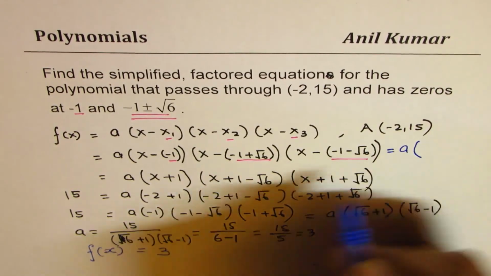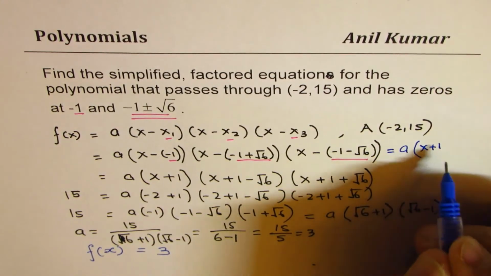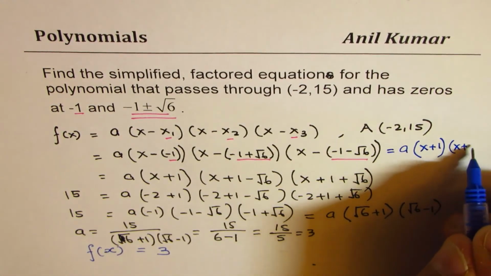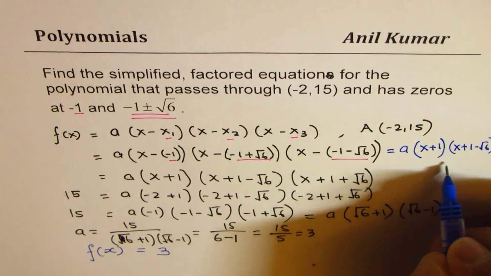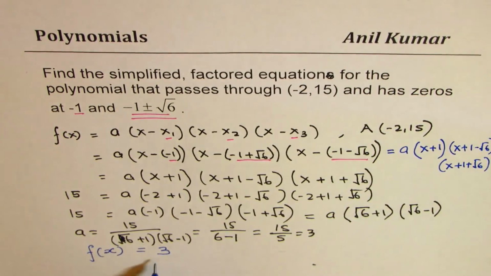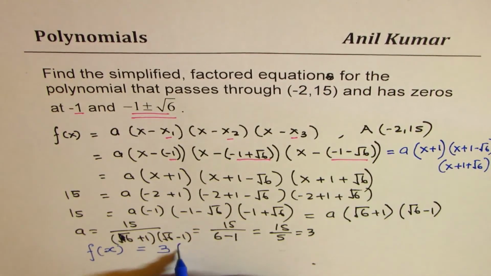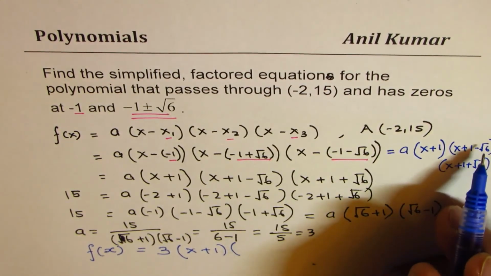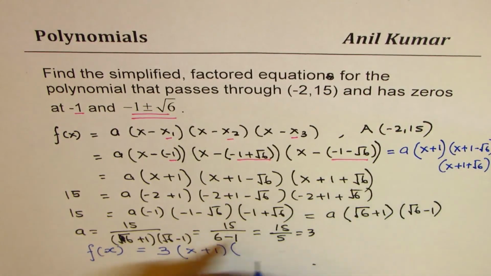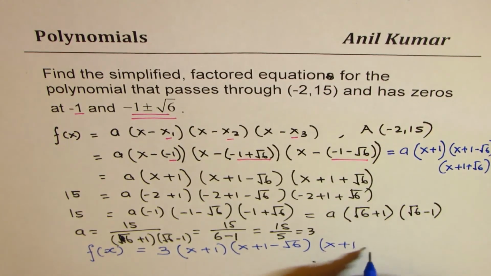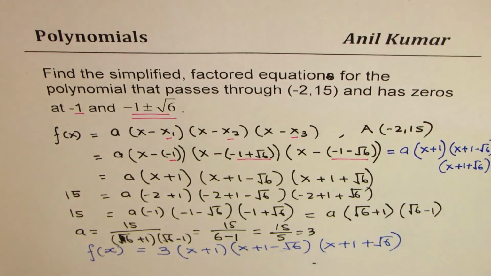I should write this as a times x plus 1, then x plus 1 minus square root 6, times x plus 1 plus square root 6. Is it okay? Right, so I'm substituting a as 3 and writing the equation as 3 times x plus 1 times, I'm writing it in factored form, not writing a square minus b square types, x plus 1 minus square root 6 times x plus 1 plus square root 6. So that becomes the polynomial equation for the given condition.